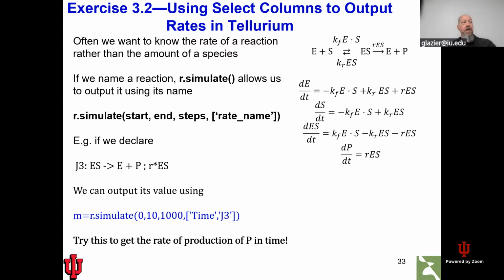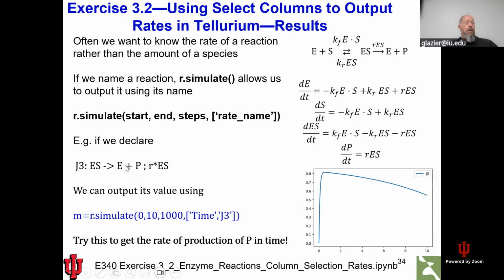Of course, if you named that reaction something else, you'll have to use whatever name you used instead of J3. So what you should see is something that looks like this, which is that the rate of production of the product goes up very, very fast at the beginning, and then it gradually tapers off as the amount of substrate goes down.